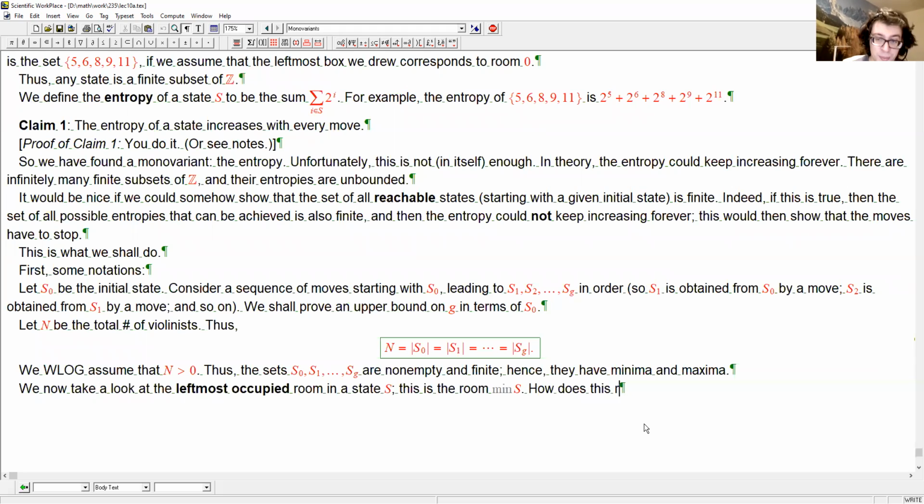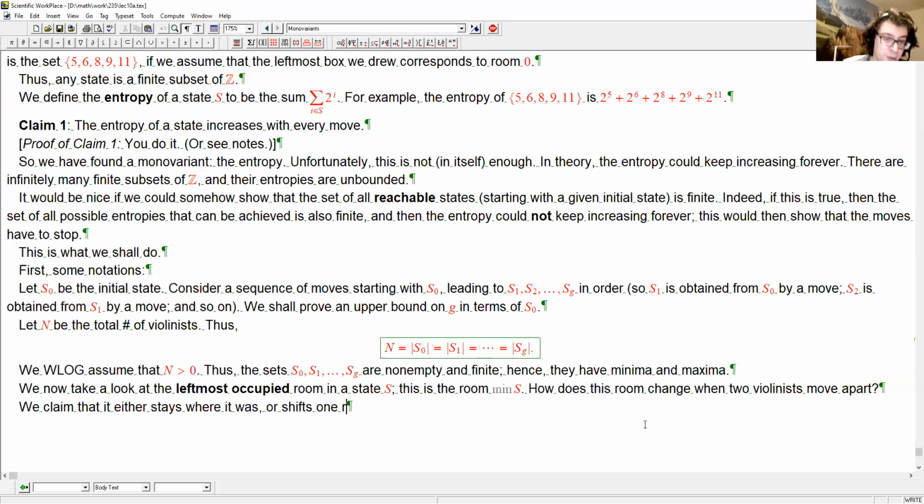How does this room change when two violinists move apart? There is a pretty good answer to this. It turns out that it either stays where it was or shifts one room to the left. It cannot move right, and it cannot move left by more than one step.